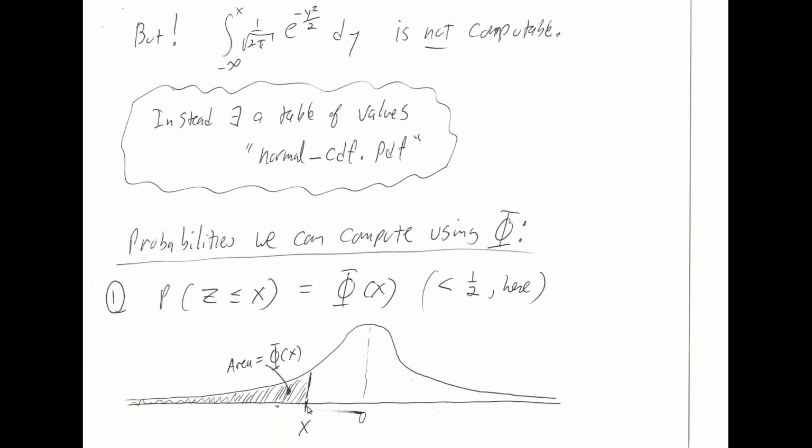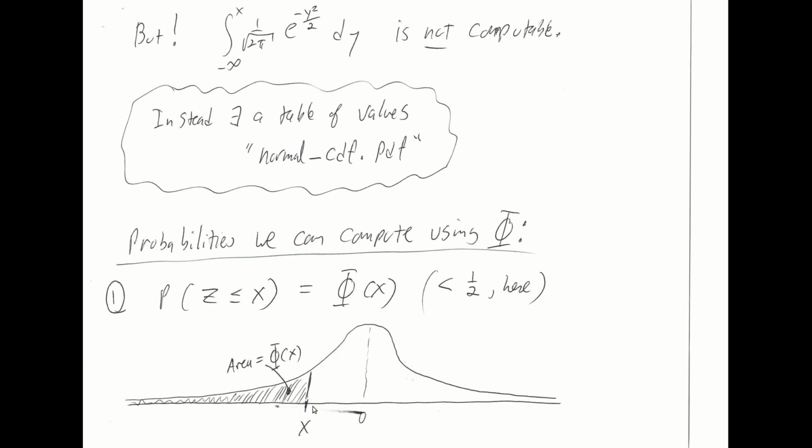Well, that by definition is given by the integral of the density function from negative infinity up to little x, and that by definition is equal to phi of x. So here I have colored in the tail, and the area of that shaded region is the value of phi of x, which is the value that we're seeking in this problem. In this particular example where I have taken x to be less than 0, this probability is going to be less than 1/2.